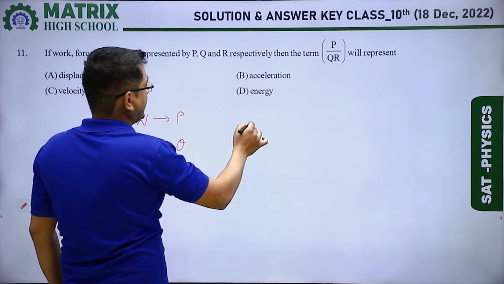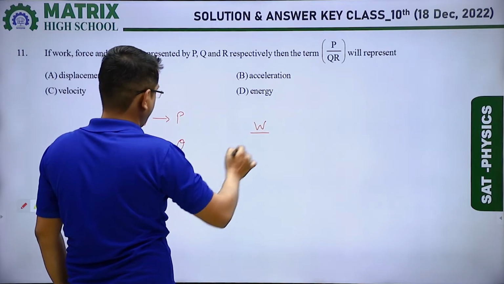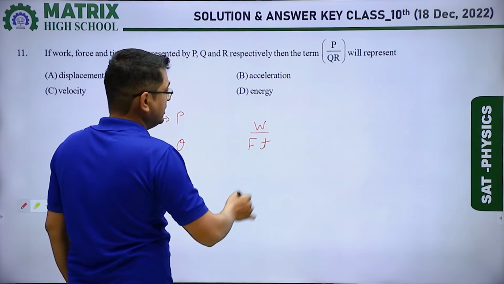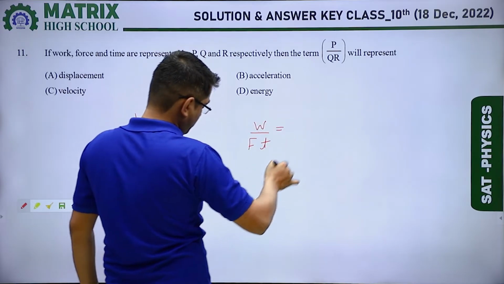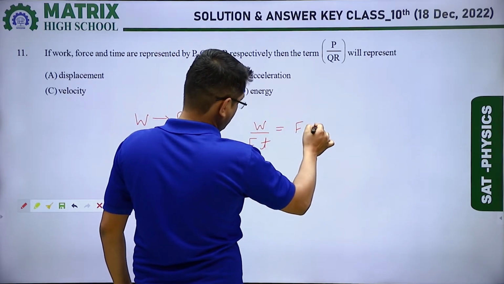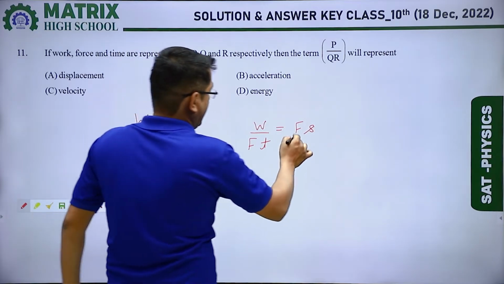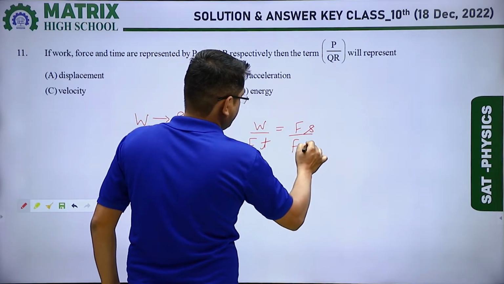For P, I can write W, divided by, for Q, I can write F, and for R, I can write T. So the formula of work is given by force into displacement, if cos theta is 1, divided by F multiplied by T.